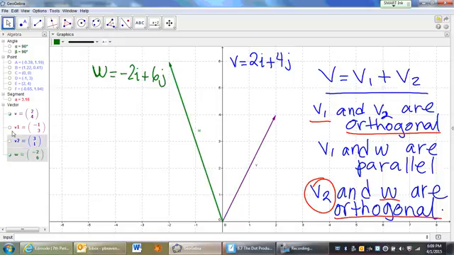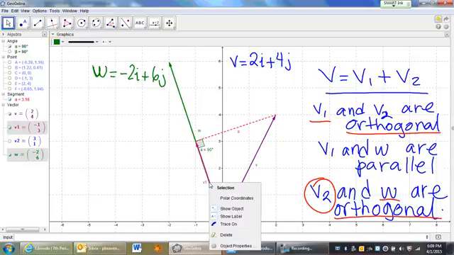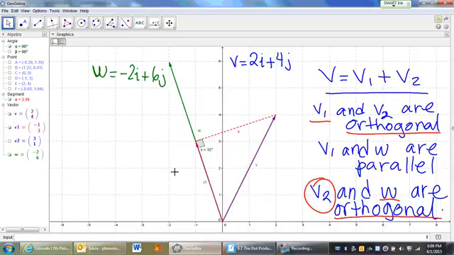Okay, so we start with those two vectors, and what I'm going to do is create V sub 1 so that it forms a 90-degree angle with vector V. To demonstrate that, I'm going to draw the segment connecting them, and yes, the angle that we have here is 90. And I want to make a correction again. Earlier, I made a huge mistake of saying that this vector and this vector will have the same magnitude, which is obviously wrong.